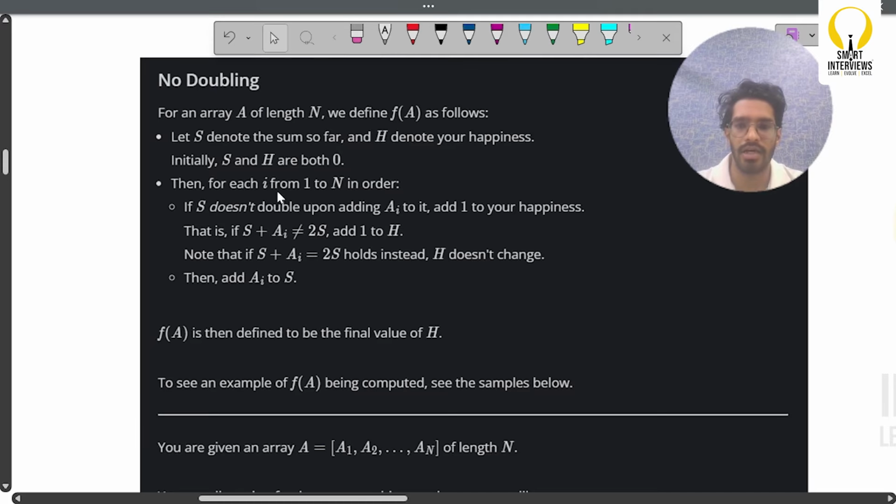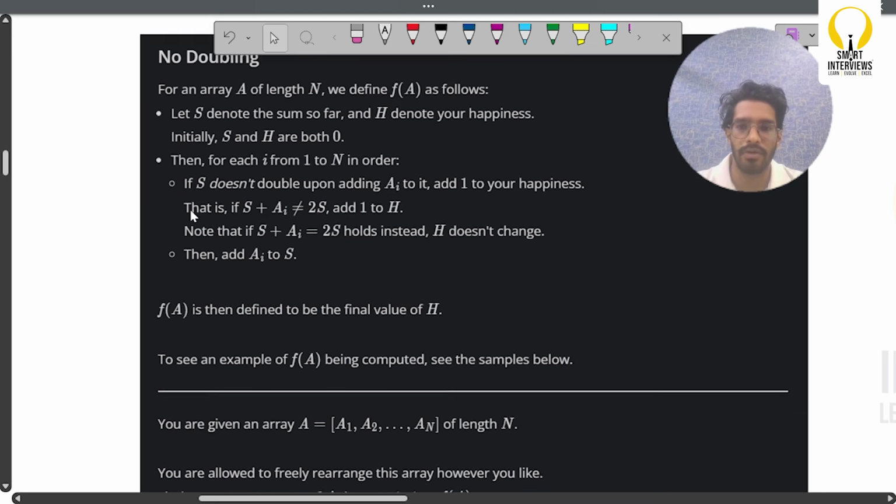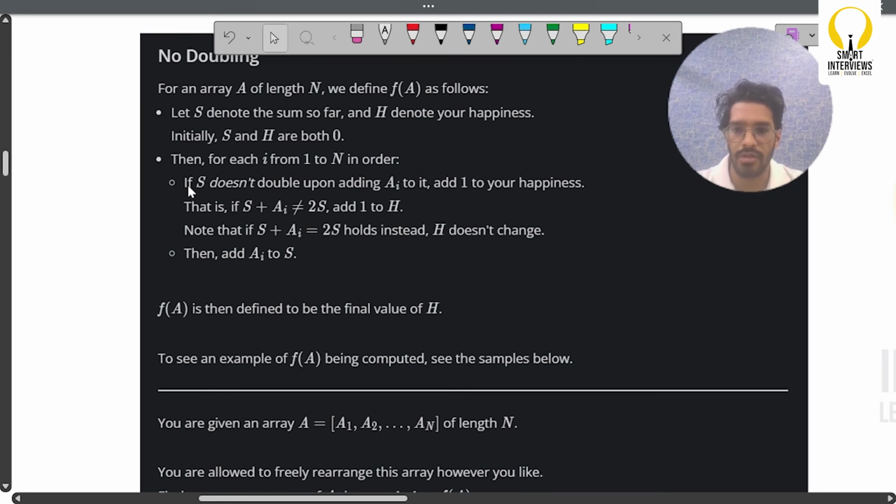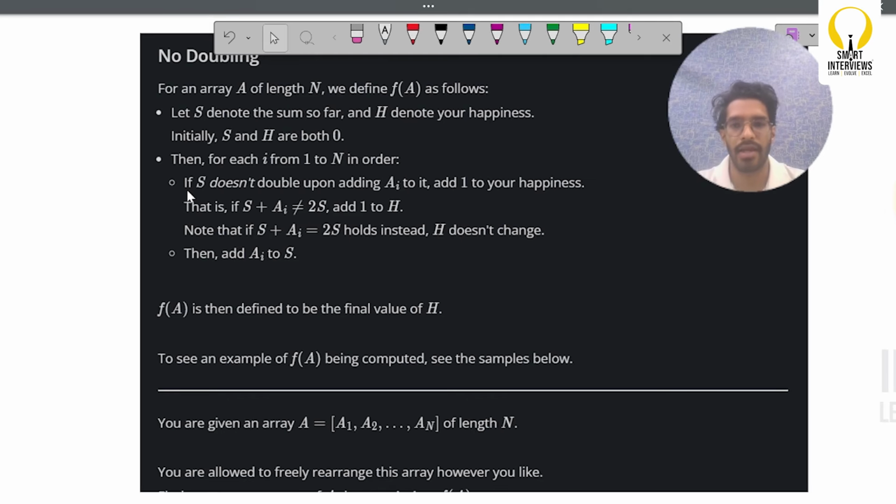Then for each I from 1 to n, we have to perform something. If S does not double upon adding a of I to it, add 1 to your happiness. So if you have an initial value S, and if it does not double after adding a of I to it, you need to add one to your happiness.